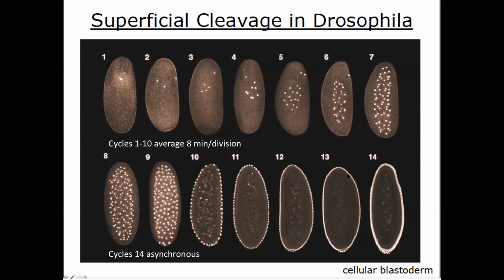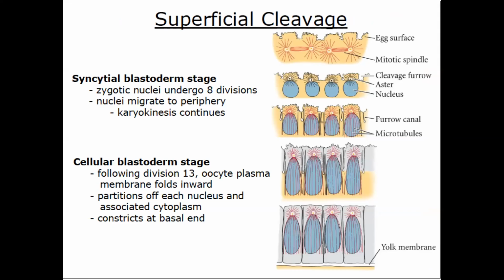But from stages 12, 13, and complete 14, there's going to be this process which will lead to the formation of individual cells. Now what is going to happen is that as the nuclei move towards the surface of the egg, both the microtubule and microfilament-based functions become very critical here.